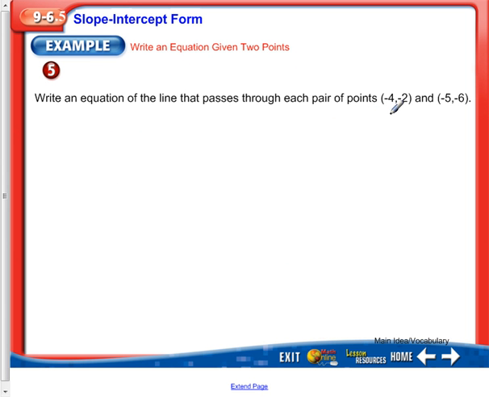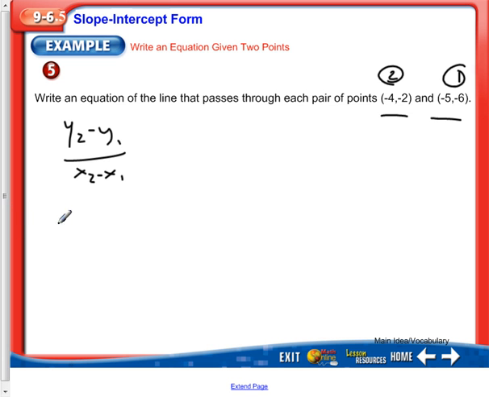Okay, so now again, we're given 2 points. First things first, let's go y2 minus y1 over x2 minus x1. I'm going to use this as my point 2, and this is my point 1.